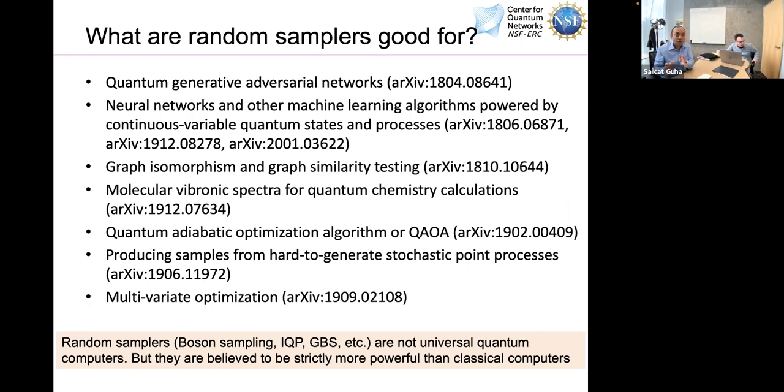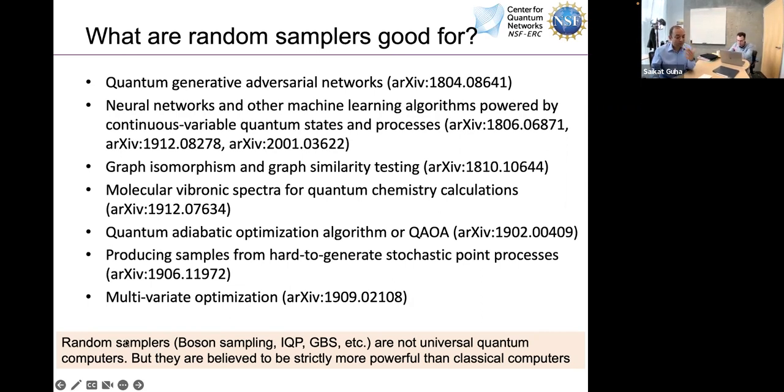Under that mapping, the probability distribution of that click pattern can be written as the magnitude squared of the Hafnian of the adjacency matrix of that graph. And so with that mapping, you can use the Gaussian boson sampler as a quantum-powered graph classifier. This is something that a lot of people study. People also looked at using Gaussian boson samplers to study molecular vibronic spectra and other applications.